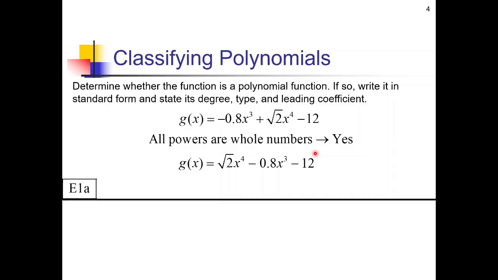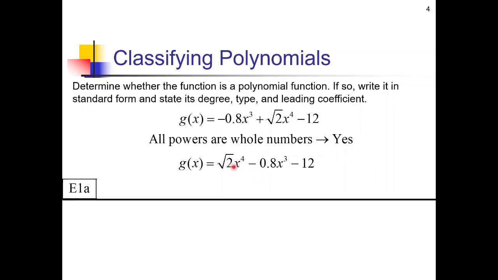Now, it's a good idea to put things in standard form before you figure out all this other stuff, because a lot of it's based on the lead term, and it's nice if the lead term is also the first term. Remember, those aren't necessarily the same thing. The lead term for the original g of x function was still radical 2x to the fourth. It was just out of order.